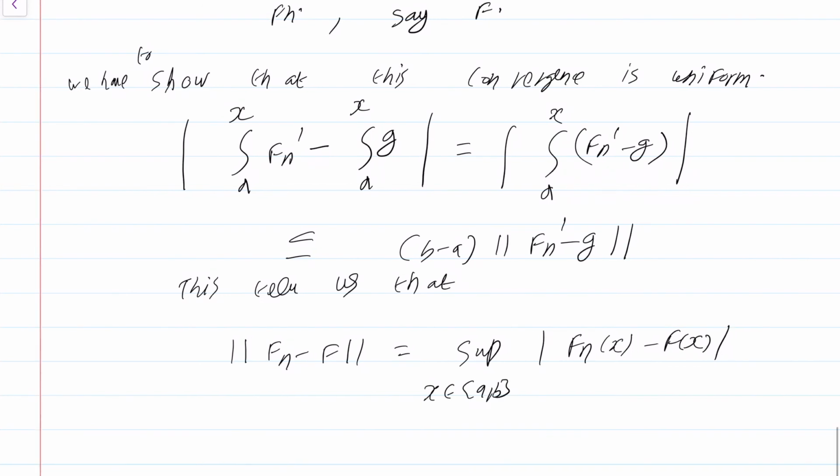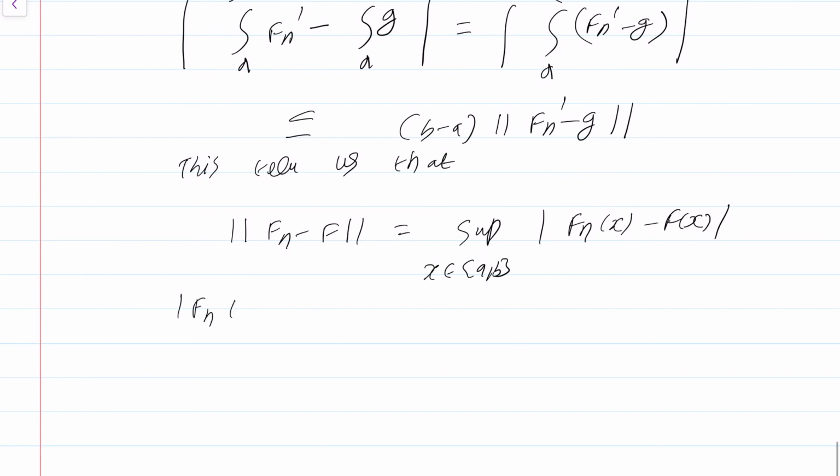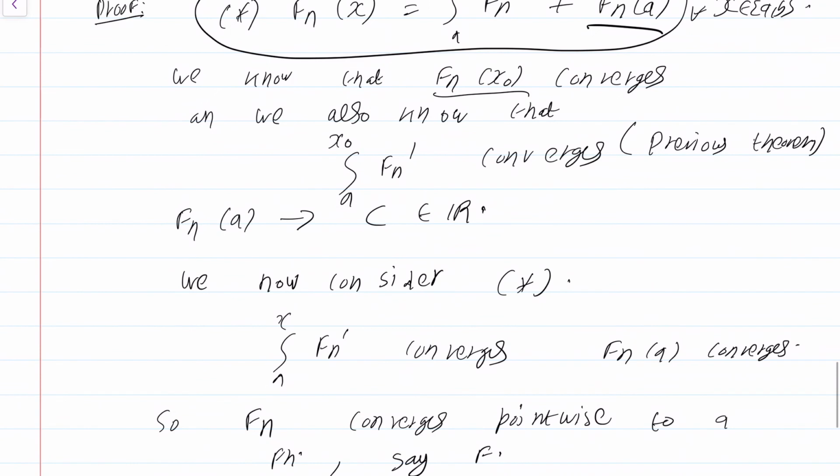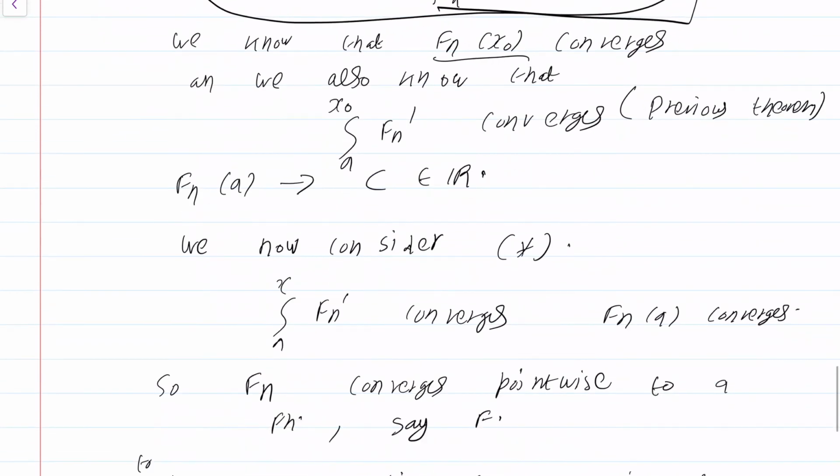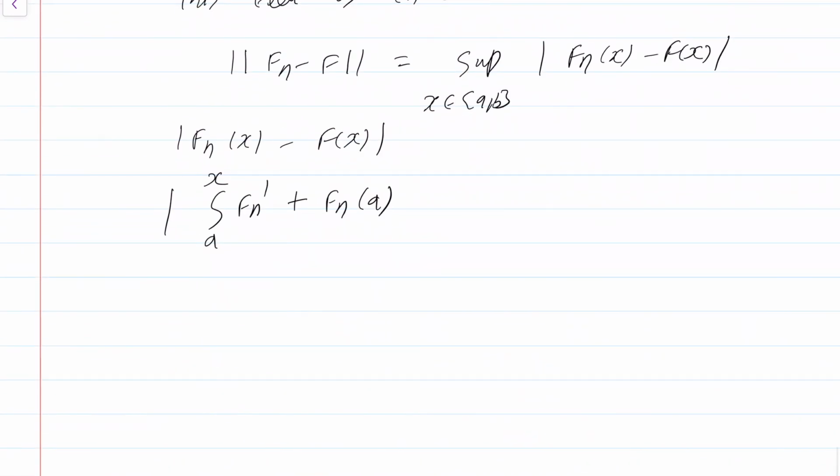So let's analyze mod f_n(x) minus f(x). Well, f_n(x) is just the integral from a to x of f_n' plus f_n(a), and because f is just the limit of this expression on the right hand side, f is nothing but the integral from a to x of g plus c. Recall, c was the limit of f_n(a).